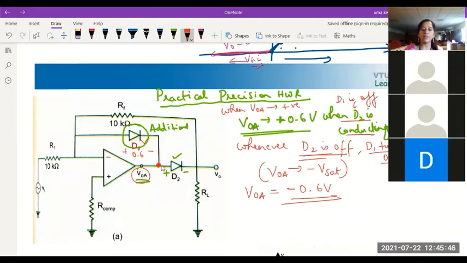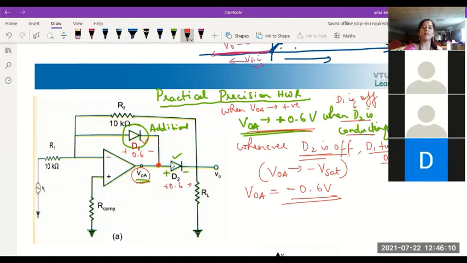Whereas the positive of D2 is connected to the output of the op-amp, the negative of D1 is connected to the output. So when D2 is on and D1 is off, the voltage across this conducting diode, 0.6 volts, is what the output will reach. VOA tends to be plus 0.6 volts.